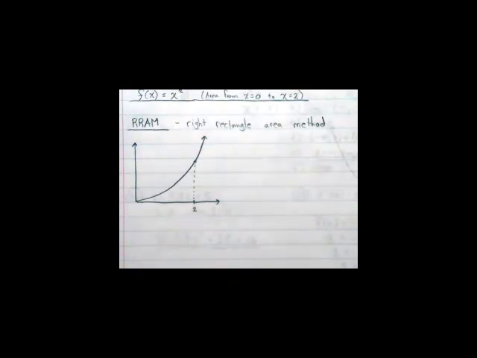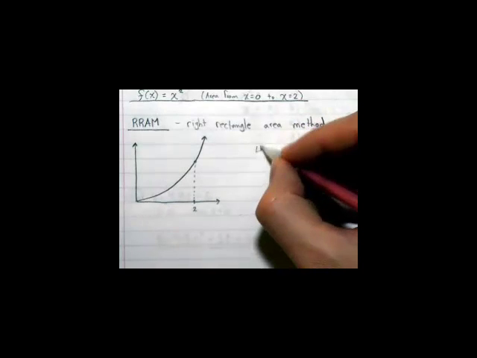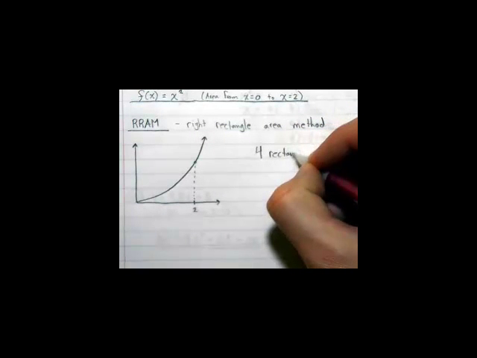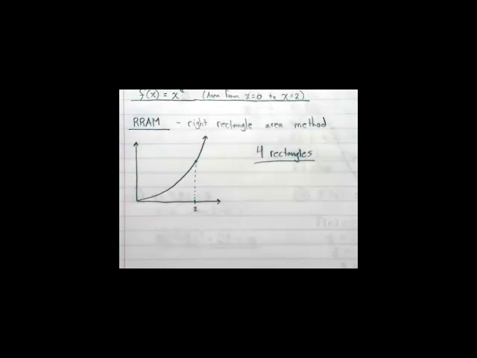Then how many rectangles do you want to make? That information will be given to you in the problem that you're working on. How accurate do you want to be with it? Let's say for this one, we'll go with 4 rectangles. If I'm going with 4 rectangles, how wide is each of the rectangles? A half.